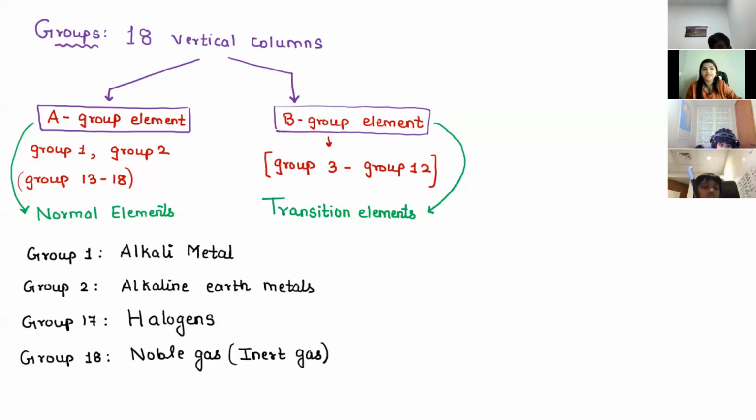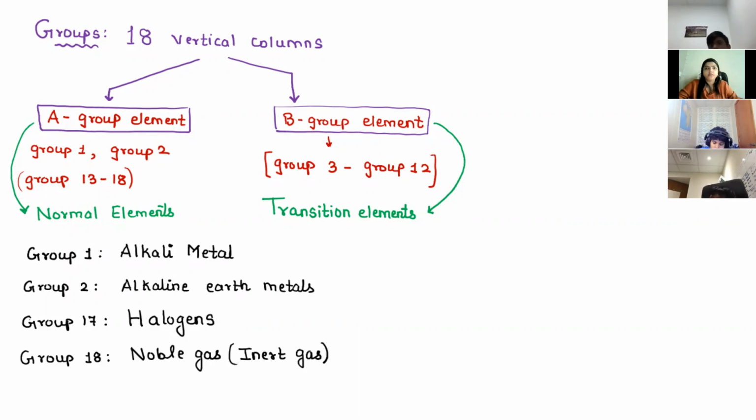So we have studied something about groups. Group 1, alkali metals. Group 2, alkaline earth metals. Group 17, halogens. Group 18, noble gas.